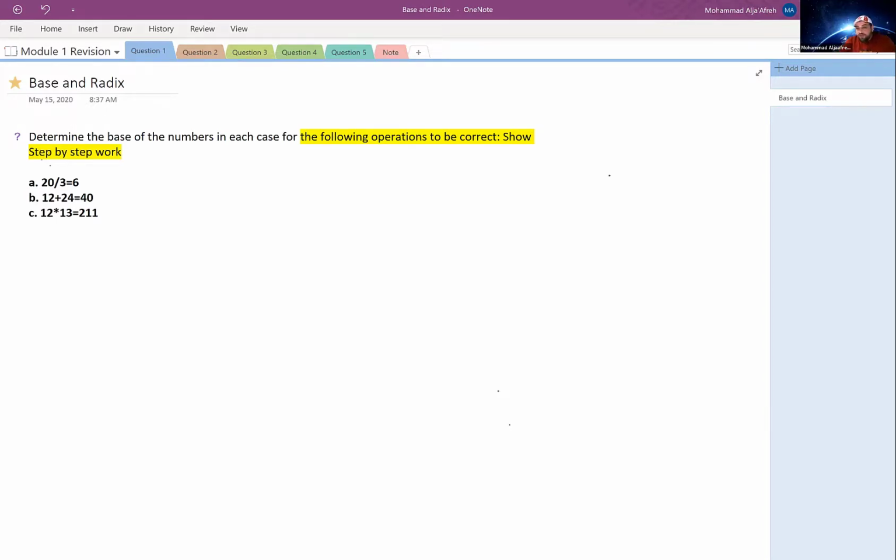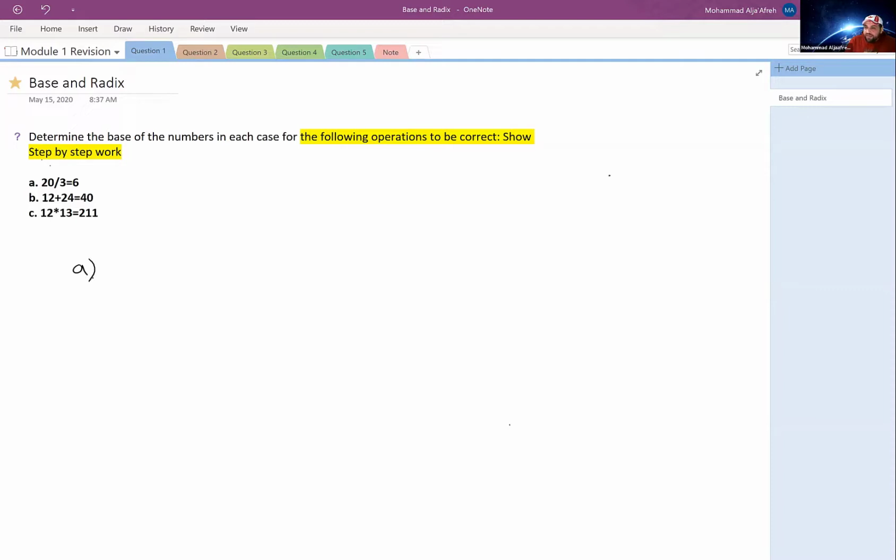So how can we determine the base? We have to use the polynomial notation. The 20 can be represented by showing the base multiplied by the coefficient, each time raising the base to some power.